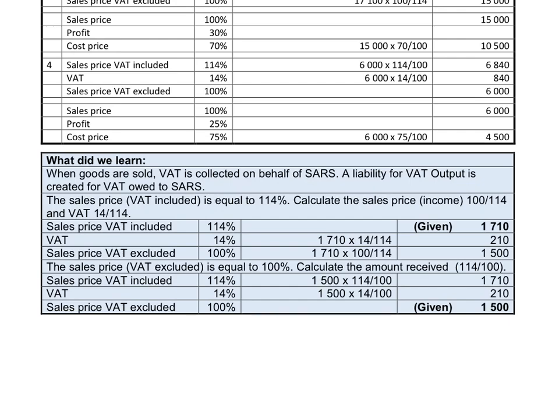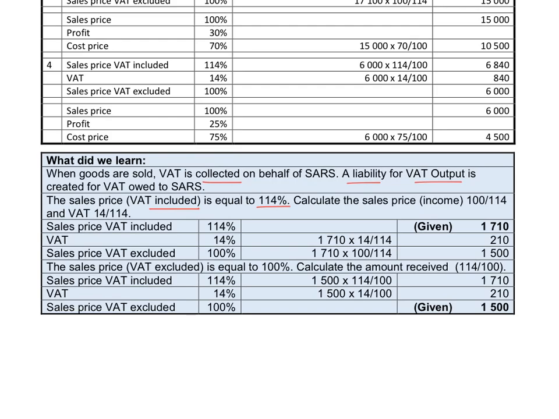What did we learn? When goods are sold, VAT is collected on behalf of SARS. A liability for VAT output is created for VAT owed to SARS. The sales price, VAT included, means that it's equal to 114% because then the sales price includes the normal income for the business and the VAT.